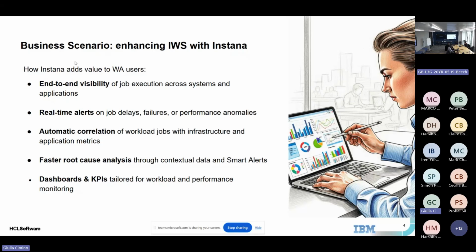It features also the automatic correlation of workload jobs with infrastructure and application metrics. And it also has faster root cause analysis thanks to its built-in AI, and also through contextual data and smart alerts. And as I said before, it is also highly customizable thanks to its dashboards and KPIs, which are tailored for workload and performance monitoring.